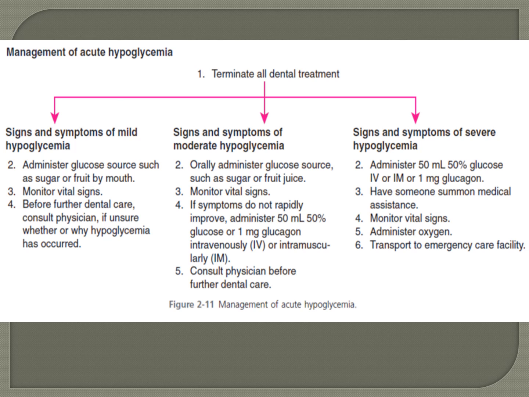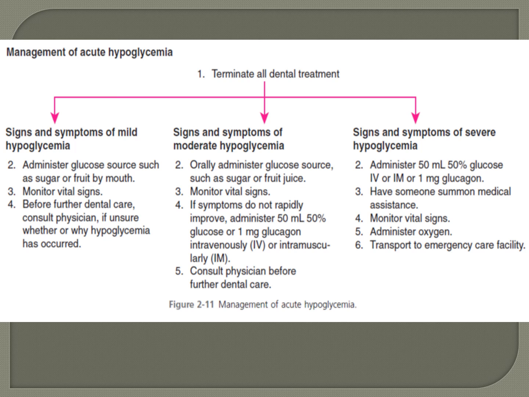So the treatment plans: in a mild case, administer glucose like sugar or fruit juice by mouth, monitor vital signs, and before further dental care, consult the physician. If the patient has moderate hypoglycemia, administer a glucose source such as fruit juice, sugar with fruit juice, monitor vital signs.